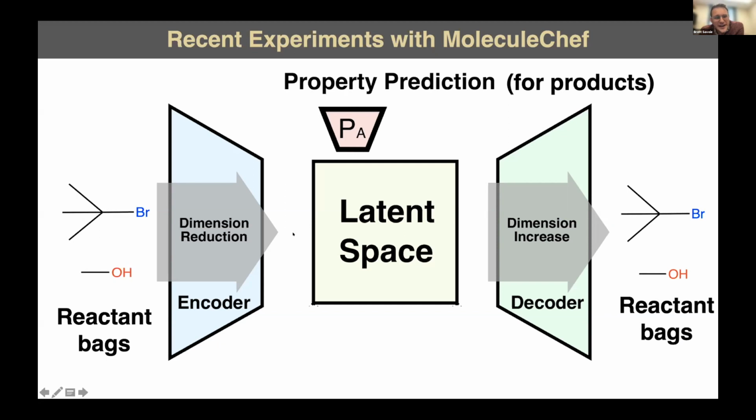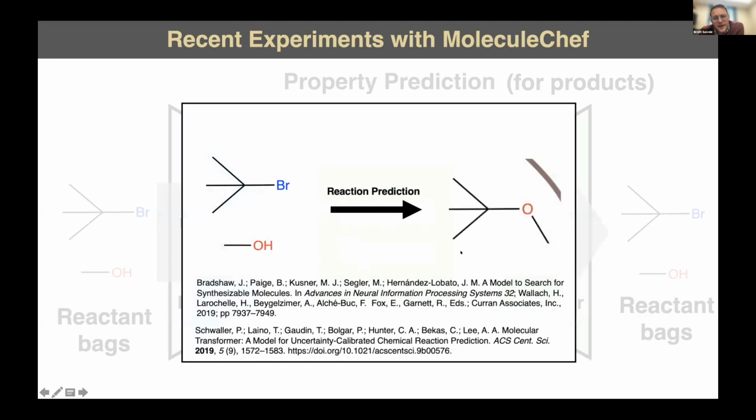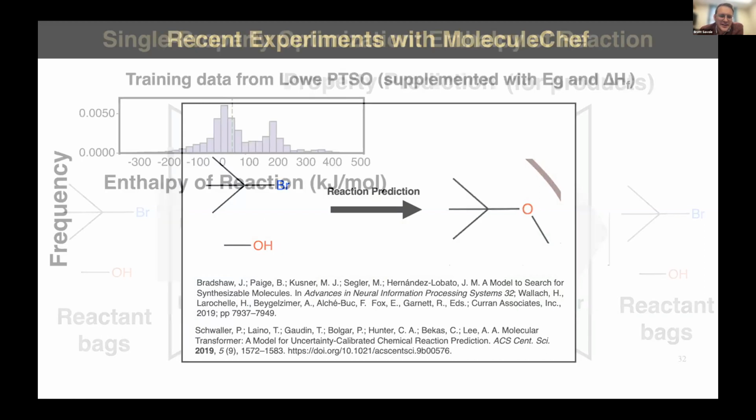So you're indirectly getting at synthesizable molecules by only making an autoencoder that encodes reactant bags that you can access. And then you use a secondary model, I think in this case they used Alpha Lee's molecular transformer, to take those reactant bags and predict a product, okay? So the idea is that you're constraining that chemical space to be in a physically realistic region.